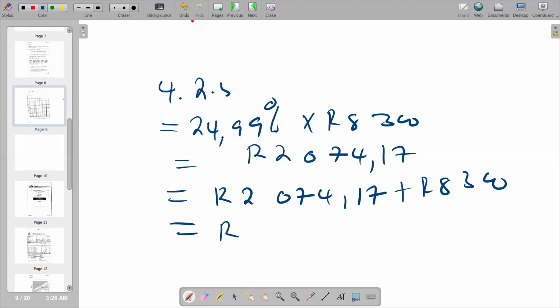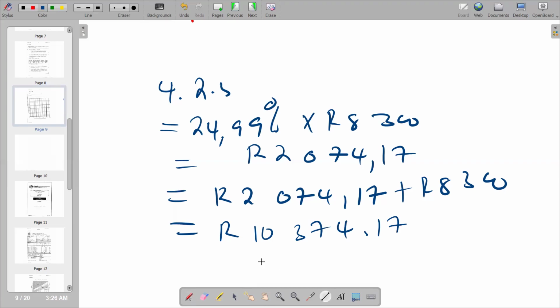We add 8,300. And we are going to get 10,374.17.